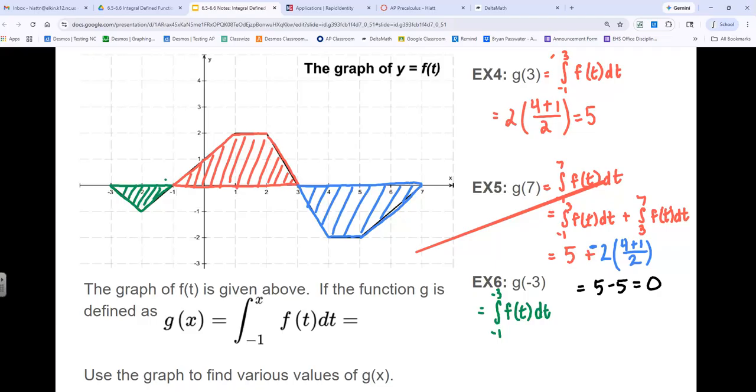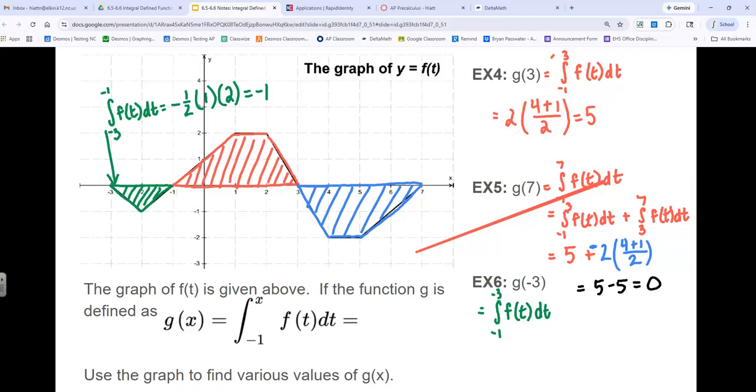Right? But when you're looking at the graph, you're always going left to right. So this area is the integral from -3 to -1 of f of t dt, which because it's below the x-axis would be negative, and you'd have 1/2 times the height of that triangle, which is 1, times the base of that triangle, which is 2, and you'll just get -1.